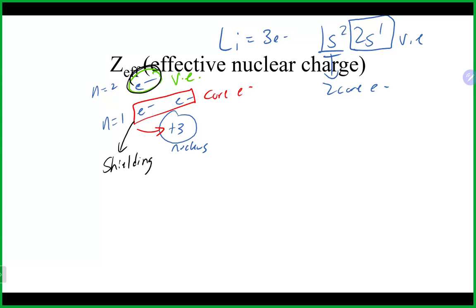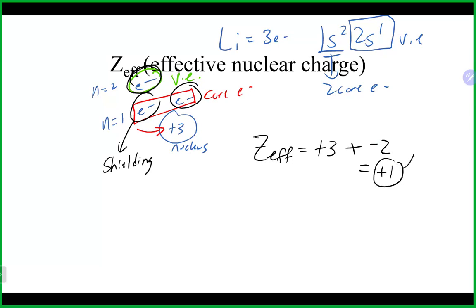You could actually calculate what it's feeling by doing the calculation. So for example, if you wanted to calculate the Z effective, it is the number of protons, or positive charge, which would be +3 in lithium, minus the number of core electrons, which is -2 charge.